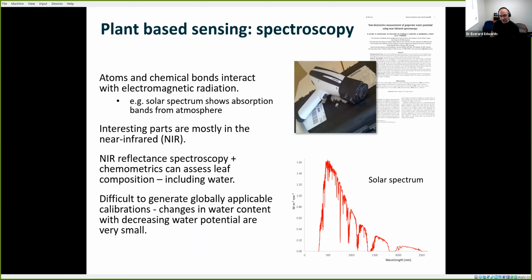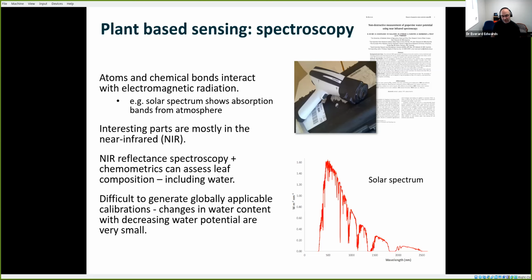There's one at just below 1,000. There's another one at just over 1,100. Another one about 1,400 nanometers. They're all caused by absorption of the sunlight by water in the air. And it's the same on the leaf. So we can shine light onto the leaf, look at the reflectance spectrum and make an estimate of the water content of that leaf, and thereby understand what the water potential is.